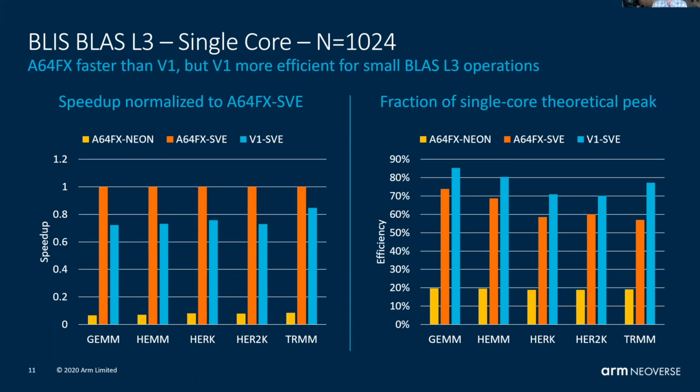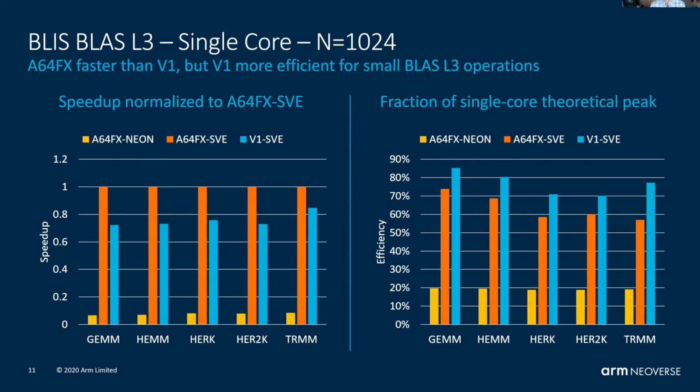Probably the most important takeaway here is that the SVE code was written and tested on the A64FX, on SVE units that are 512 bits wide. This code is running out of the box without modification of any kind on SVE units that are 256 bits, and it's performing very well.